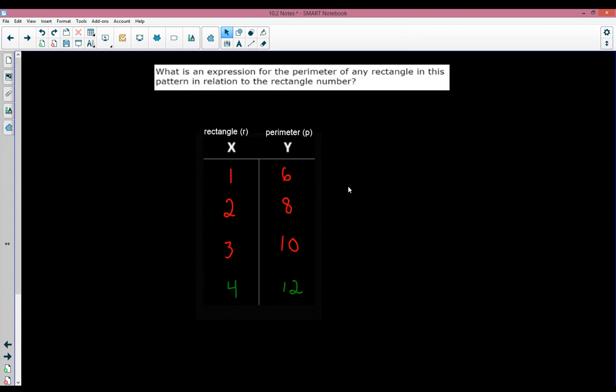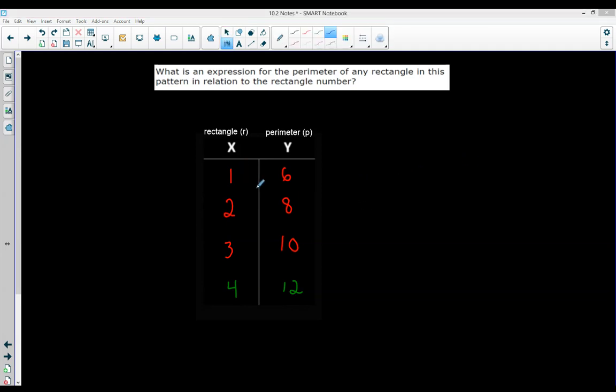Could we create an expression for this pattern? Why might we want to? Because what if I asked, what would rectangle 15 be? How many toothpicks might there be? Sure, you could continue this table of values all the way down to 15, but that wouldn't be very much fun. So we're going to come up with an expression that will work for even the 70th rectangle.